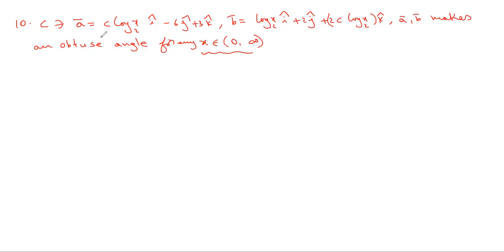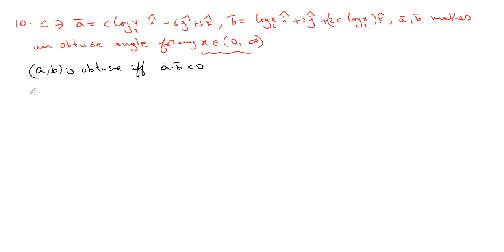So the angle between them is obtuse if and only if a bar dot b bar is negative, right?